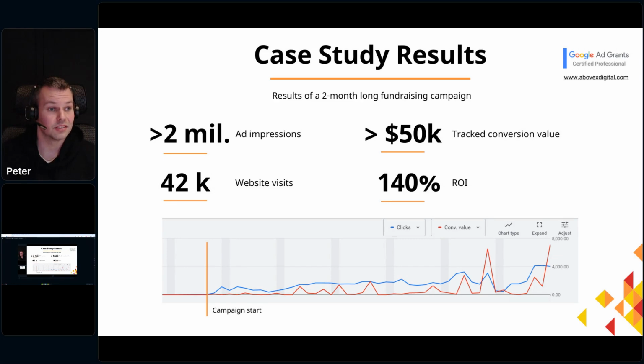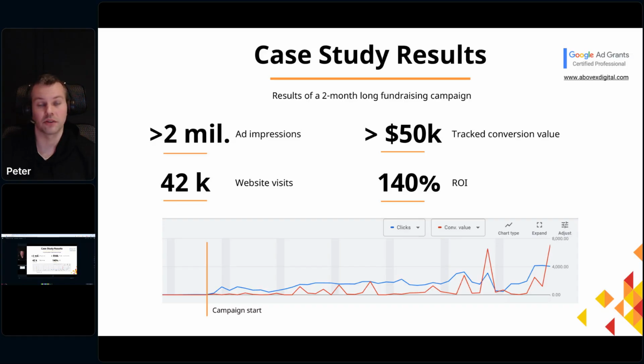And these are the results that they've seen after 2 months. These are the results of the fundraising campaign that they ran during the holiday period. The number of ad impressions increased substantially, mostly because we had those display and retargeting campaigns, which generate a lot of impressions. So more than 2 million ad impressions in 2 months. That resulted in roughly 42,000 website visits.